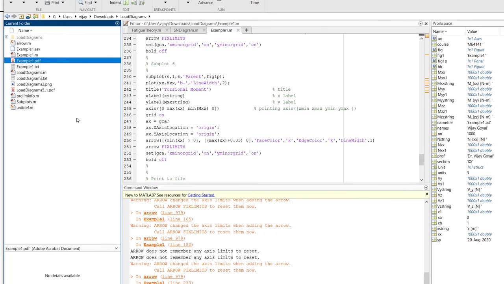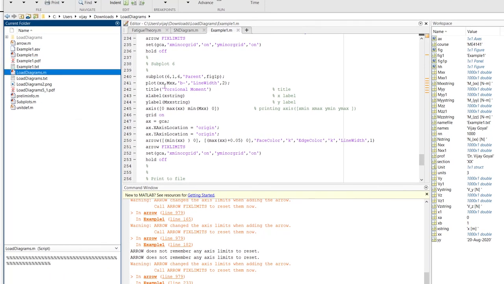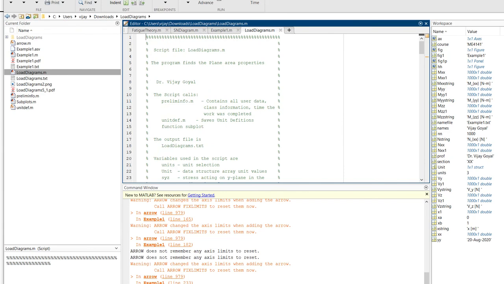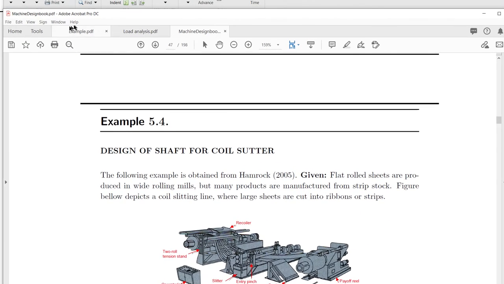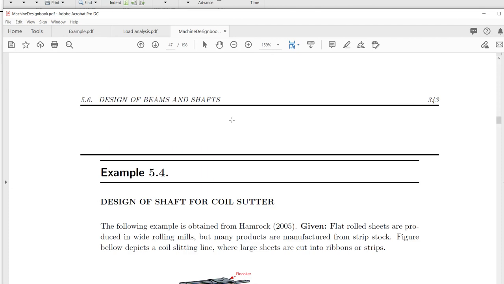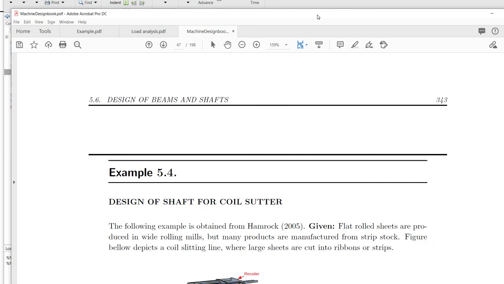I'm going to open the file that says load diagrams. By the way, this is example 5.4. These notes are posted under the Machine Design book, page 343. You can take a look at it. The full example is there.